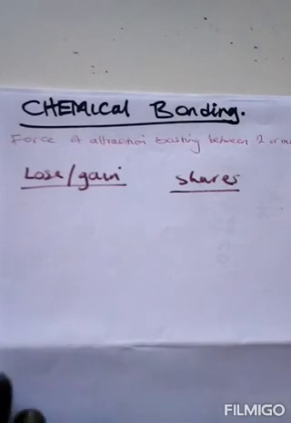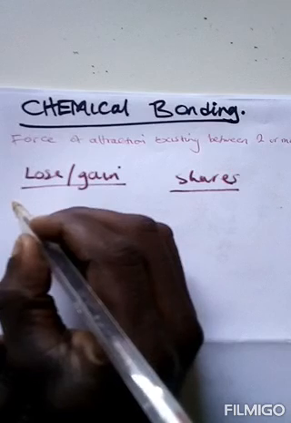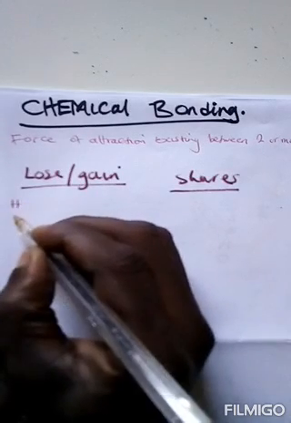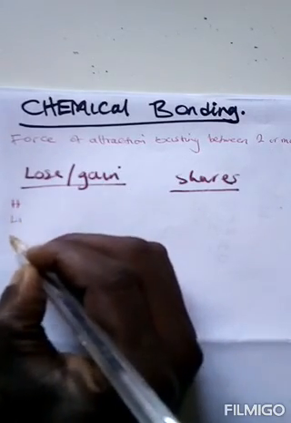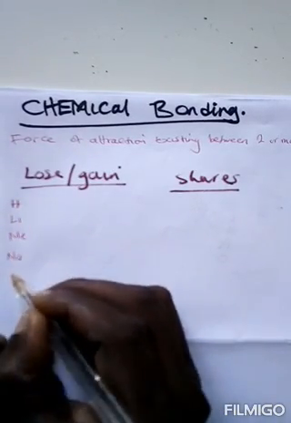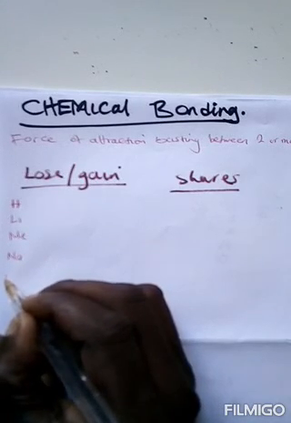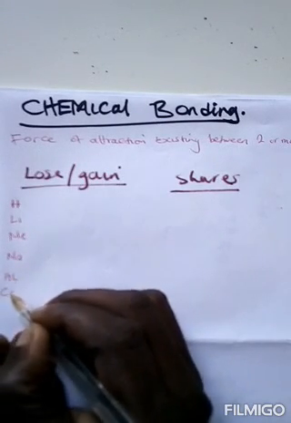So elements such as, for instance, hydrogen, then lithium, then neon, then sodium, then aluminium, or we can even look at calcium.